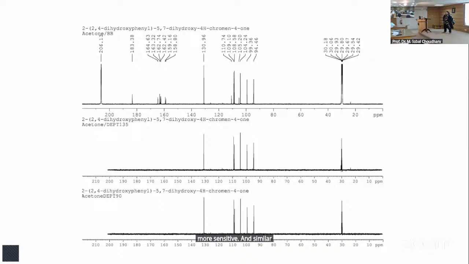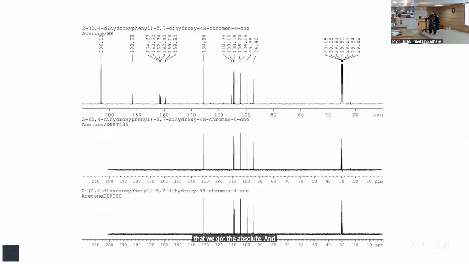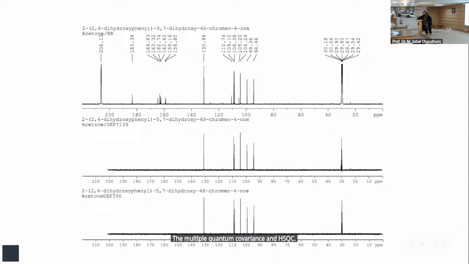And similarly, when I was a student, we usually did HMQC. That gives the same information, which carbon and which proton are connected, and that is a 2D experiment. Now most of us are doing HSQC. HMQC is heteronuclear multiple quantum coherence, and HSQC is heteronuclear single quantum coherence.